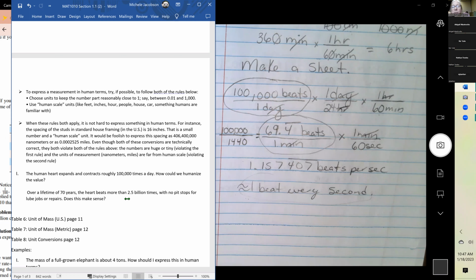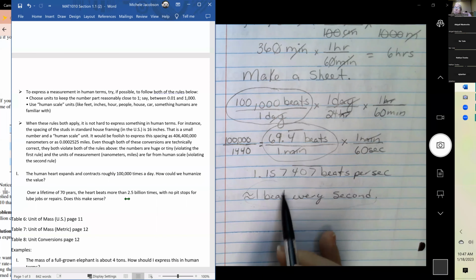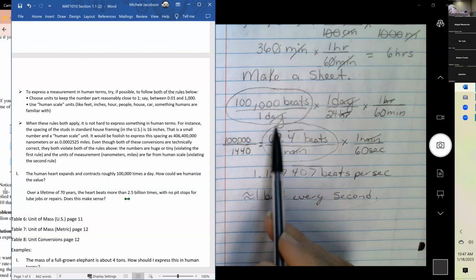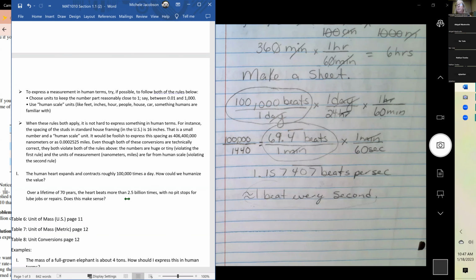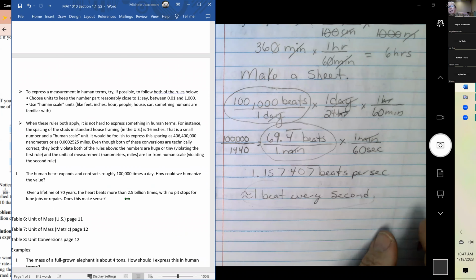Now to check it, this one had an estimate in it. We rounded here. So maybe we want to go back to the problem and use this rather than our estimate, because our estimate could be off. But we could start with this 100,000 beats in a day.